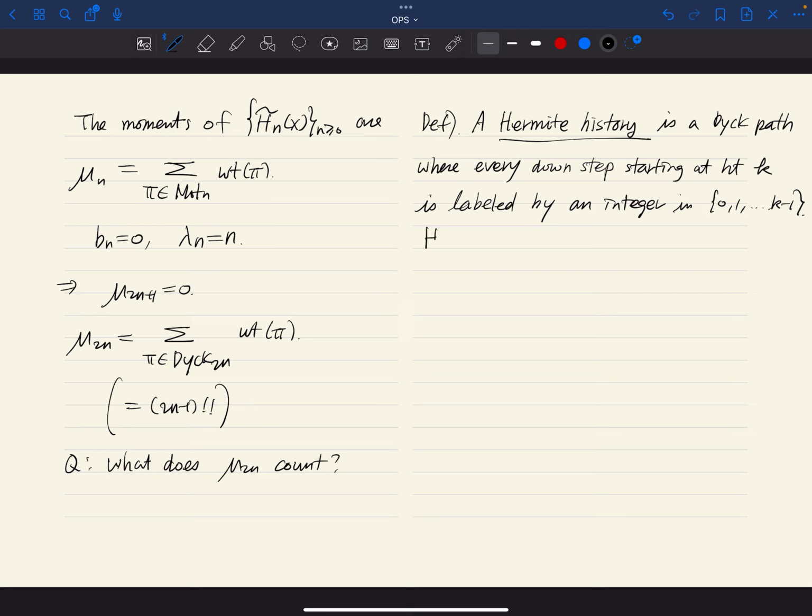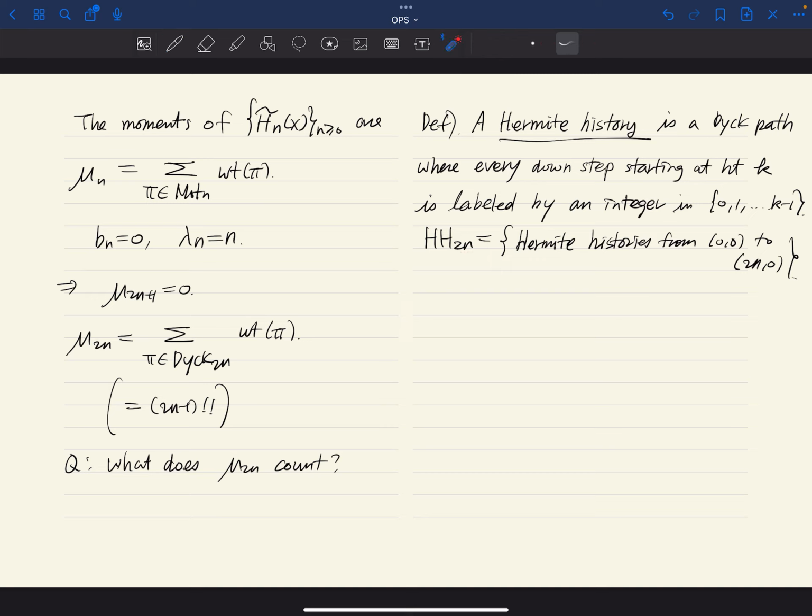And let me denote the set of Hermite histories by H_{2n,0}. Okay. Let me use 2n just so that we have the same number here and there.